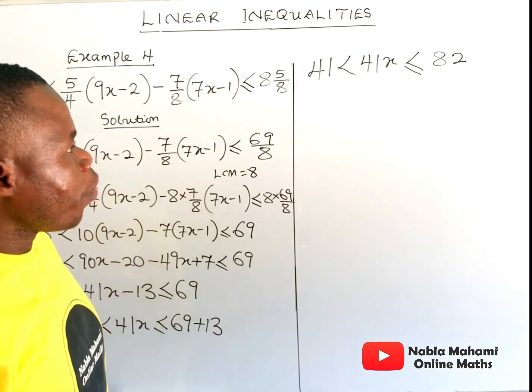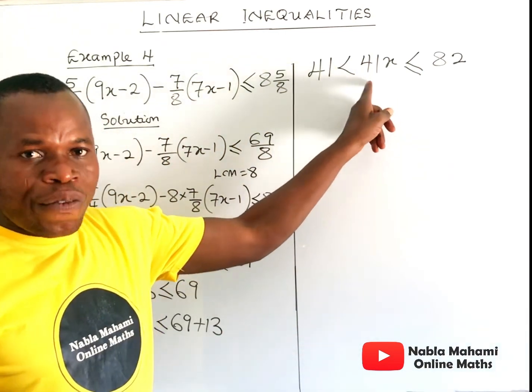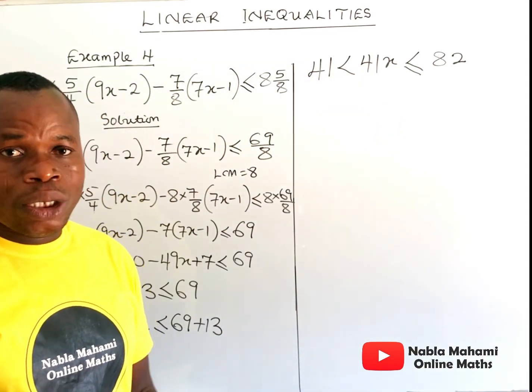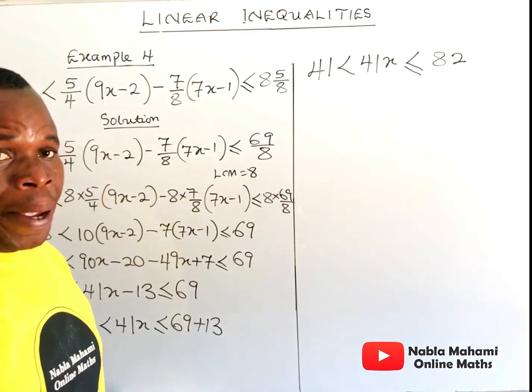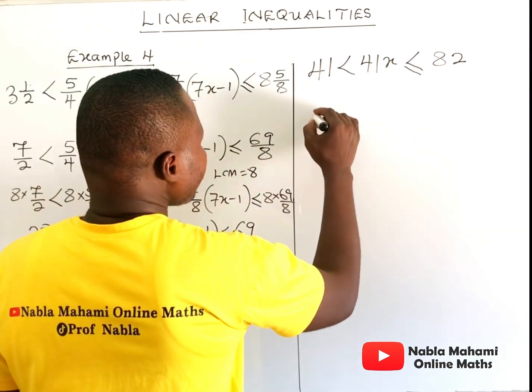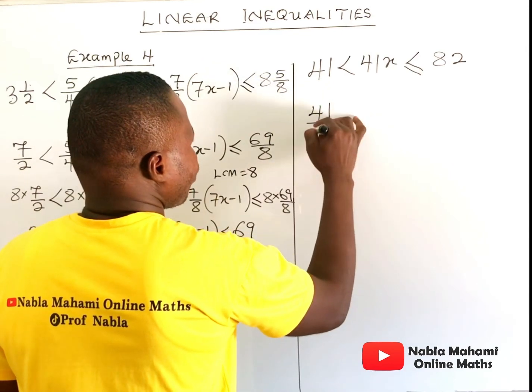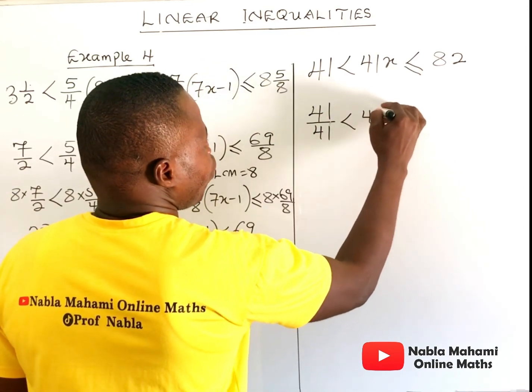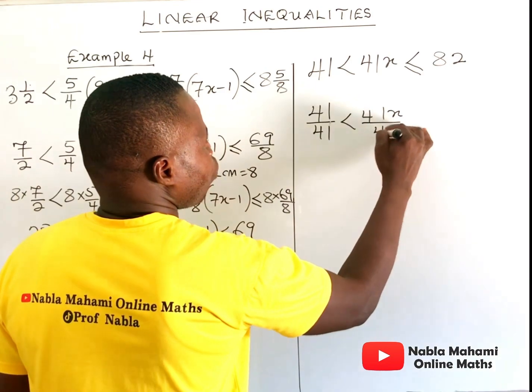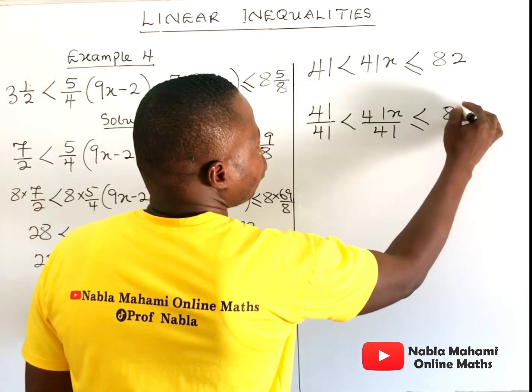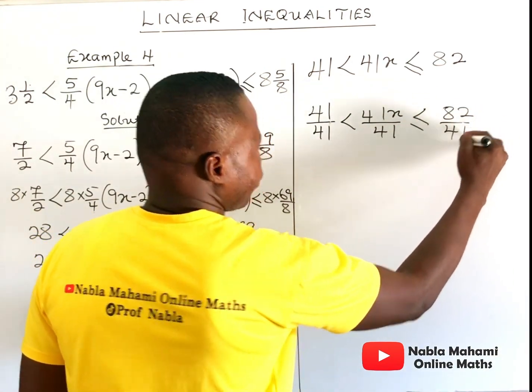Then from this point, you divide through by the coefficient of x here, which is 41. So I'm going to divide this through by 41. So here will be 41 over 41 less than 41x over 41 less than or equal to 82 over 41.